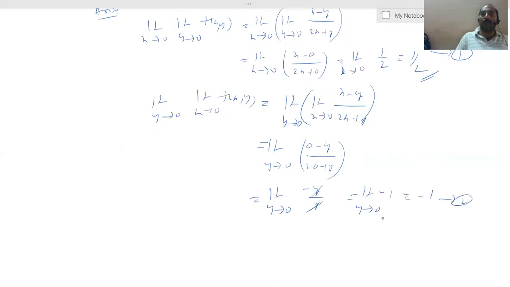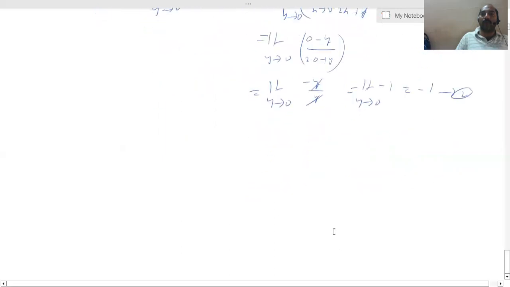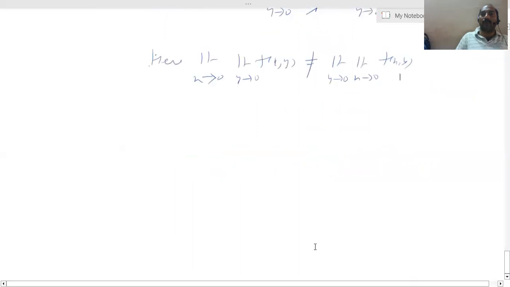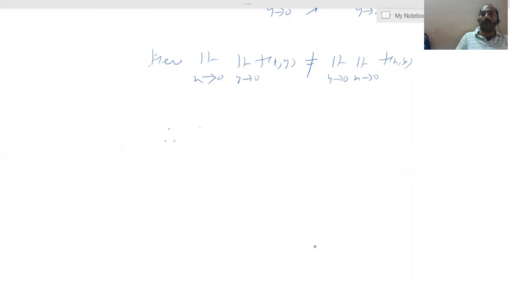See, these two are different. Both exist, even though they are not equal. Here, these are called repeated limits, the repetition of the limits. This is different from limit y tends to 0, limit x tends to 0, f of x comma y. Therefore, the limit does not exist.